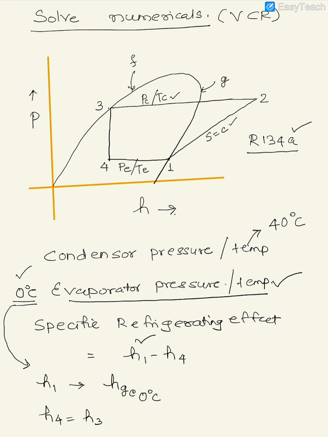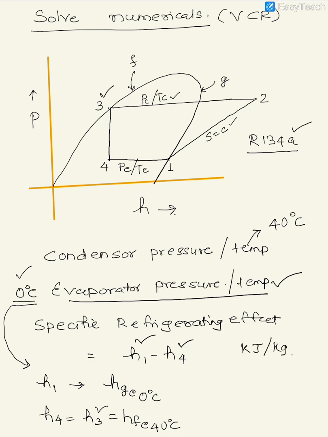Since it is on the F line, you need to find the Hf value corresponding to 40 degrees centigrade. Once you get H3, which is equal to H4, you put these values in to get the refrigerating effect. Its unit would be kilojoules per kg.